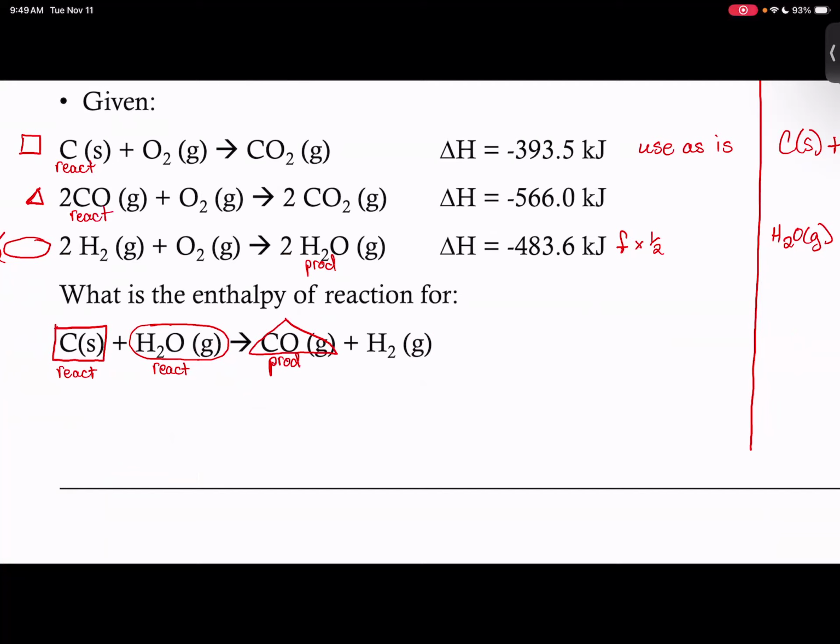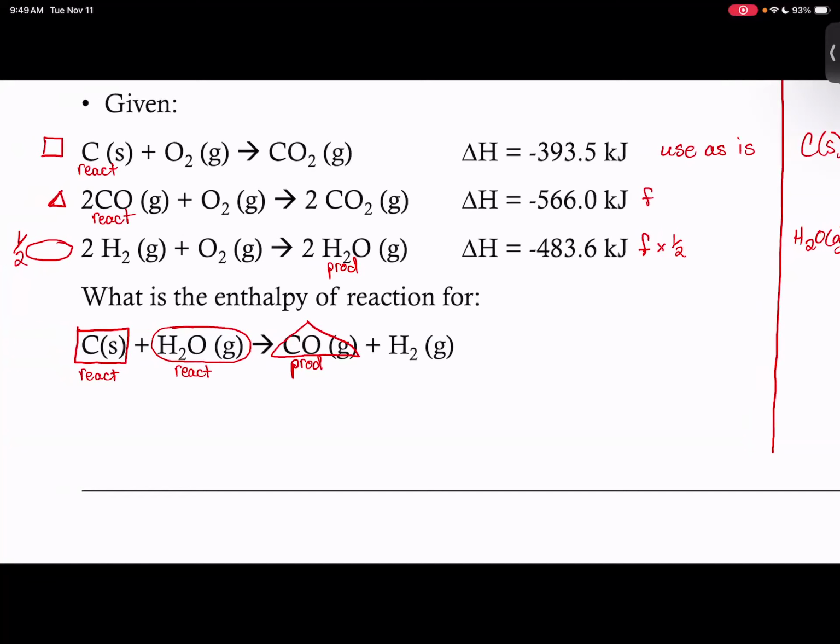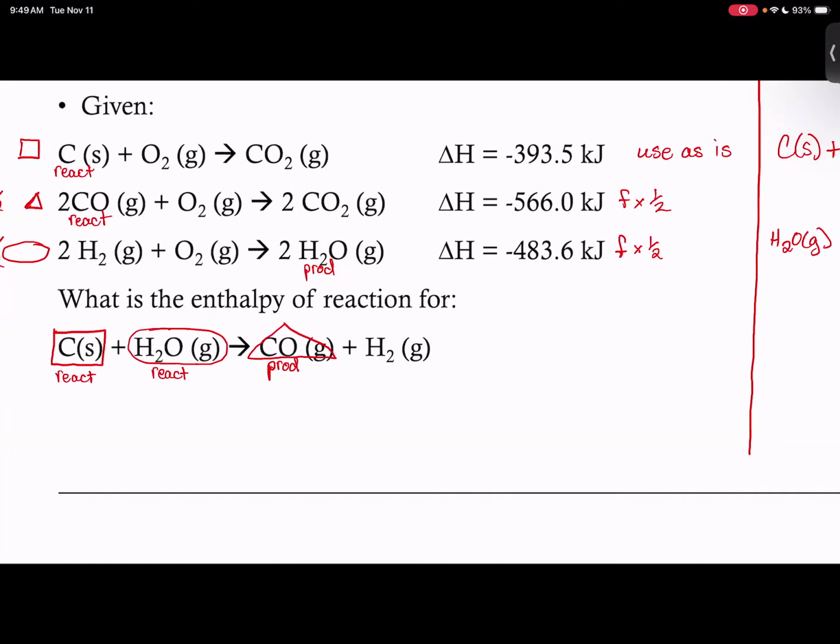So I am going to flip this enthalpy. The second thing I notice is that I have one carbon monoxide gas, whereas in the original equation, I have two carbon monoxide gases. So again, I'm going to have to multiply that reaction by 1/2 in order to get it down to just a single carbon monoxide gas.